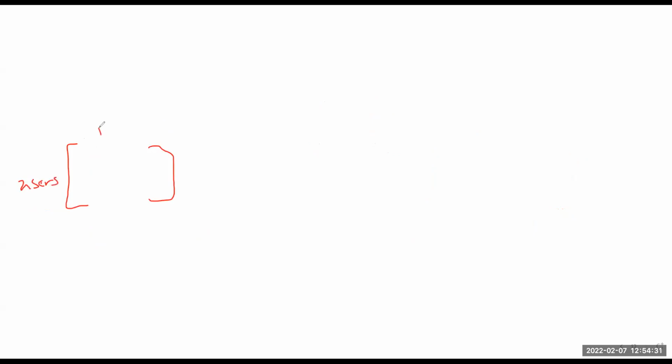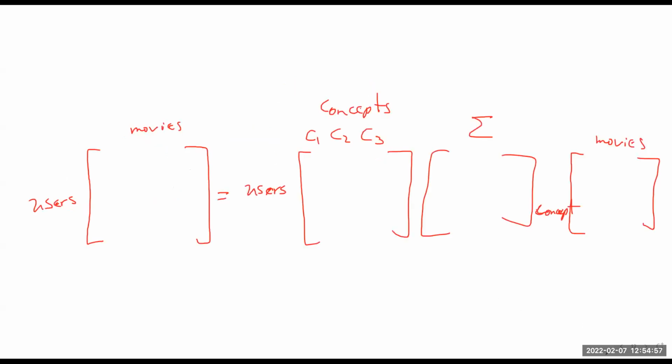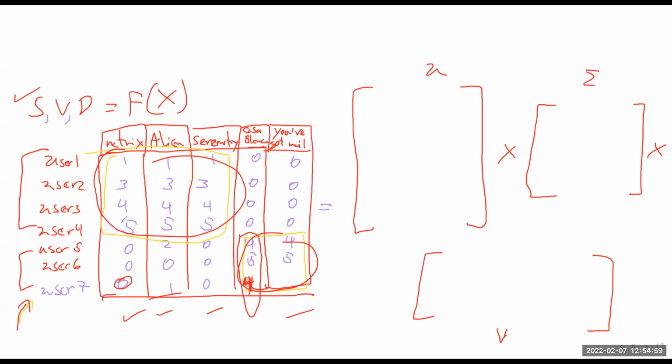users, movies, and then we have the first one, right, which is users to the concepts can now be literally sci-fi, romance, and then maybe a third one that it really doesn't know what it is. Remember, it doesn't actually figure out the words, but what it does is, if we think the first 4 users, right, were highly correlated to like Matrix, Alien, Serenity, sci-fi, and very low correlated to all of this.